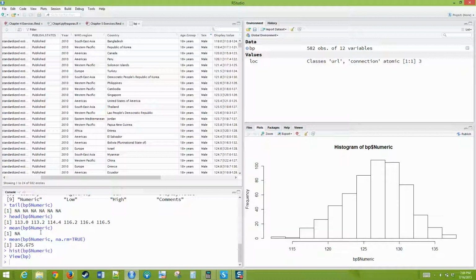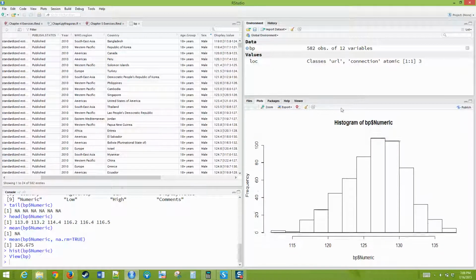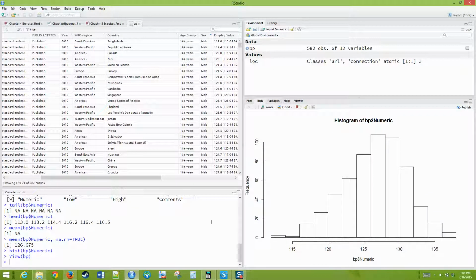You've got to weight it by how many people are associated with that thing. Okay, so this in and of itself as an exercise for learning about blood pressure, not very useful, but I just wanted to get you to start playing with some data in R.